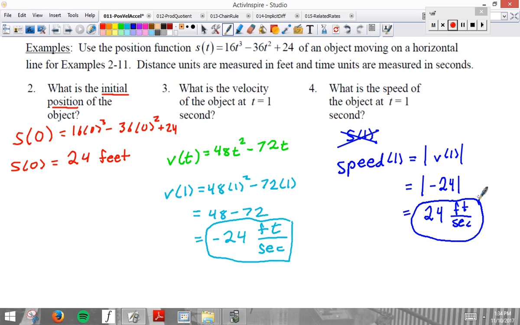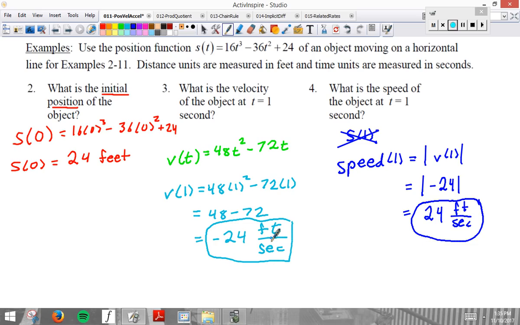Now, before we go on, I'm going to point out, to repeat it as much as possible, that the sign for velocity is telling us a direction component of the velocity. Because velocity is how we find the direction of this particle, or this object. The speed is saying, ignore the direction, I just want to know how fast it's going. It's going 24 feet per second.